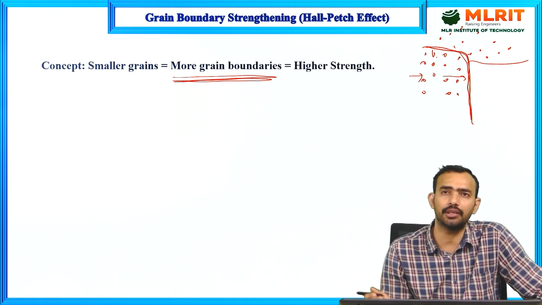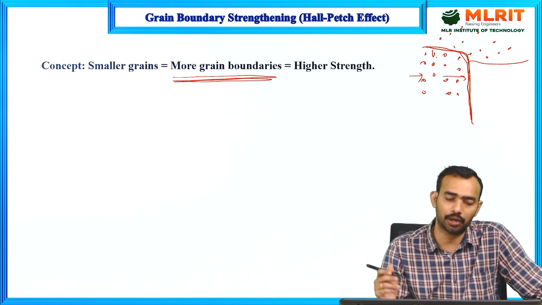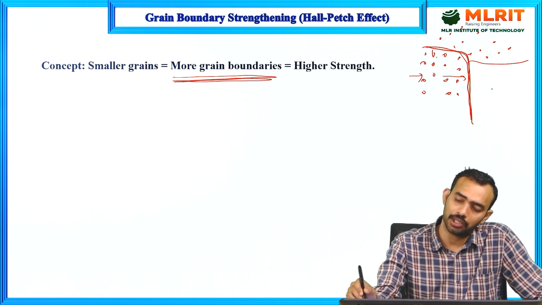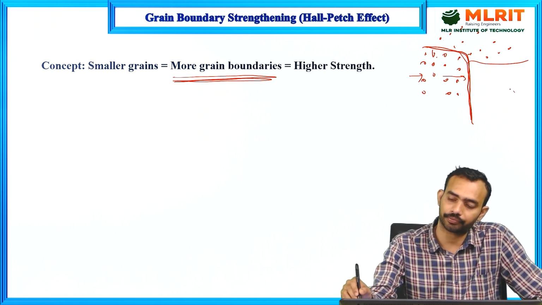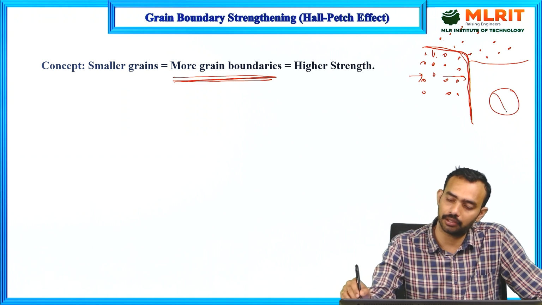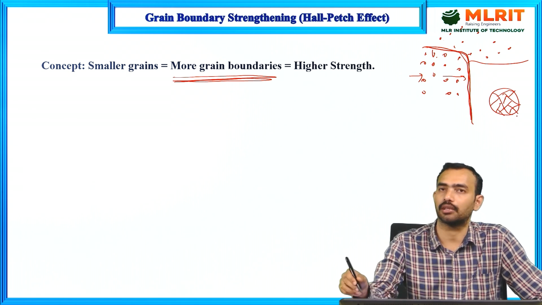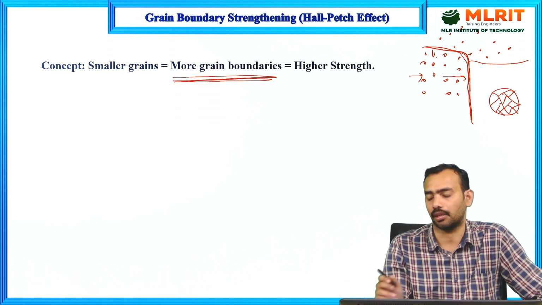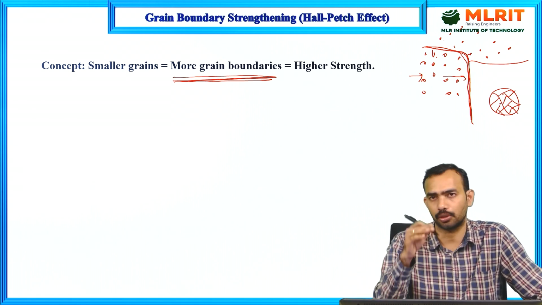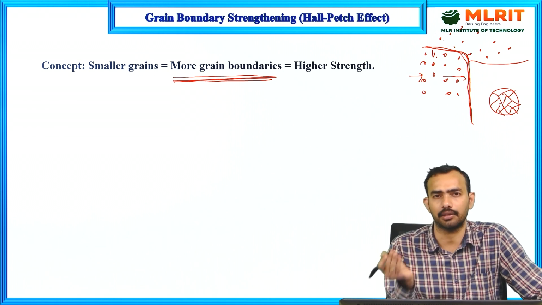So how do we increase the grain boundaries? If we make smaller and smaller grains, if we divide into smaller grains, you will be creating more and more boundaries, so that the dislocations can reach the boundary region and be arrested significantly.